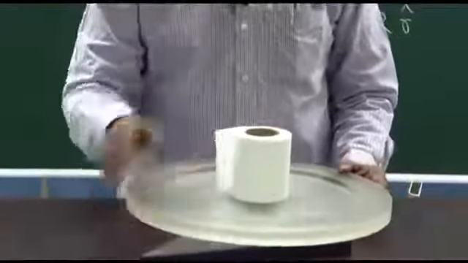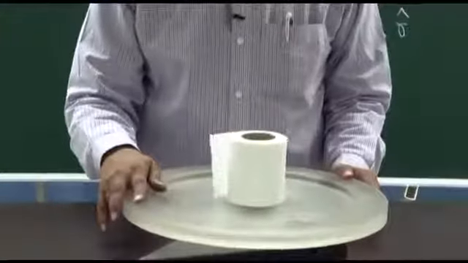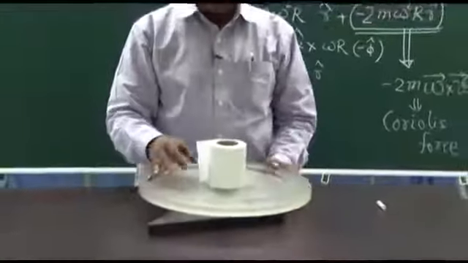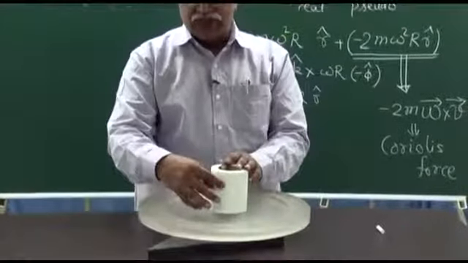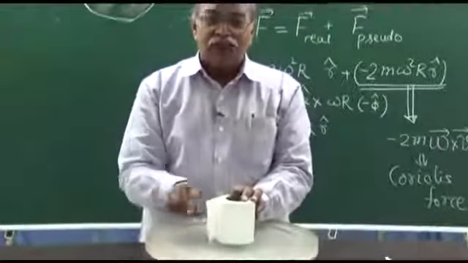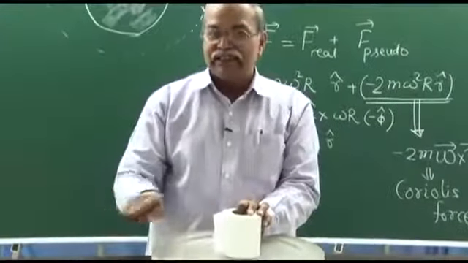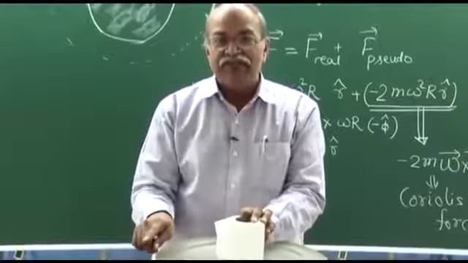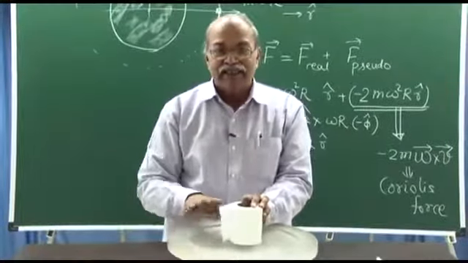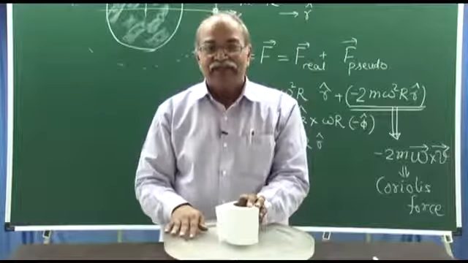As I am putting this on this rotating frame, if I work from this frame, because of the centrifugal force, it goes out radially a little bit. But once it goes out radially, it gets some velocity with respect to this disc in the radially outward direction.